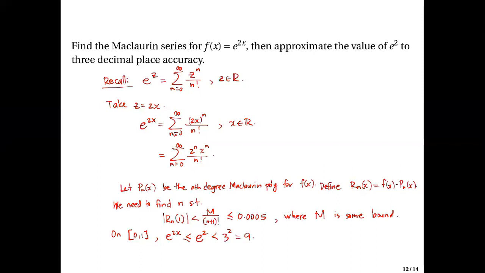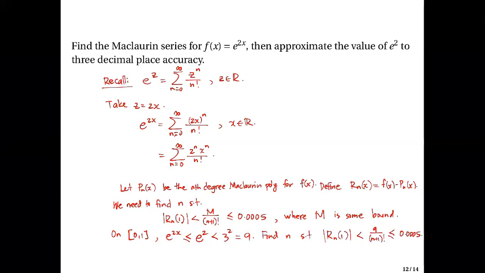So what we're going to do, we need to find n such that r sub n of 1, in absolute value, will be less than 9 over n plus 1 factorial, and we want this to be less than or equal to 0.0005.